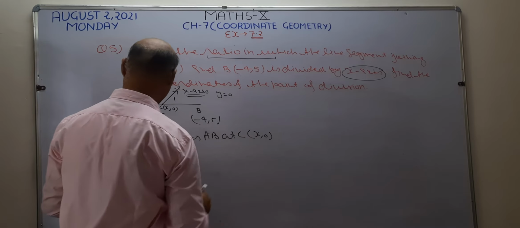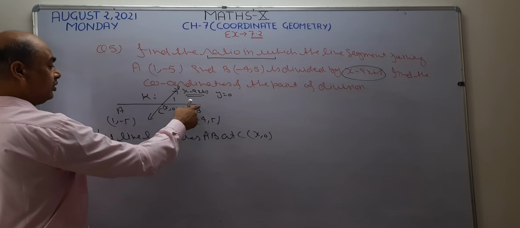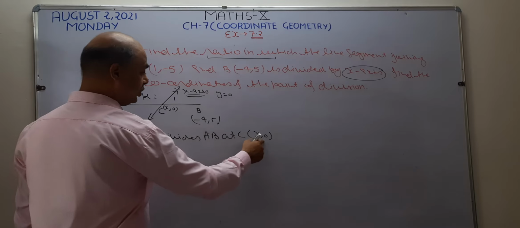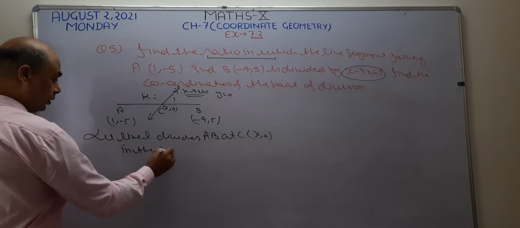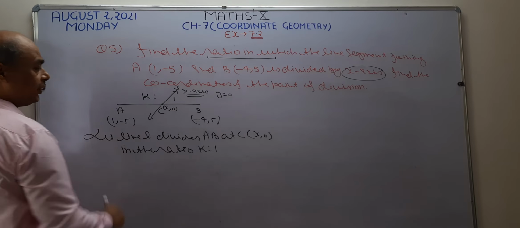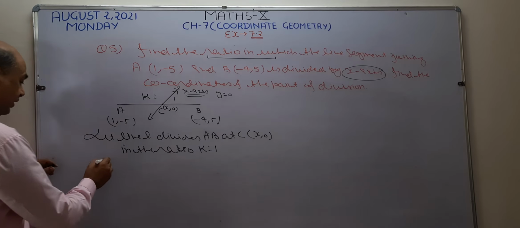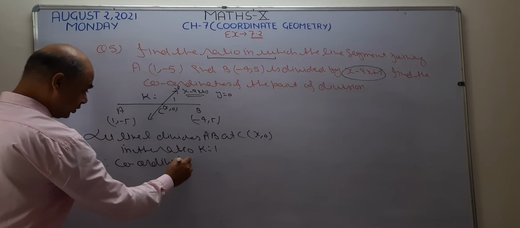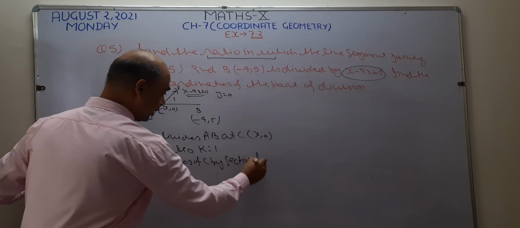This line divides the line segment AB at C, and the coordinates of C become x and 0, in the ratio k ratio 1. Since the ratios are different, I use the section formula to find the coordinates of this point. Therefore, coordinates of C by the section formula.